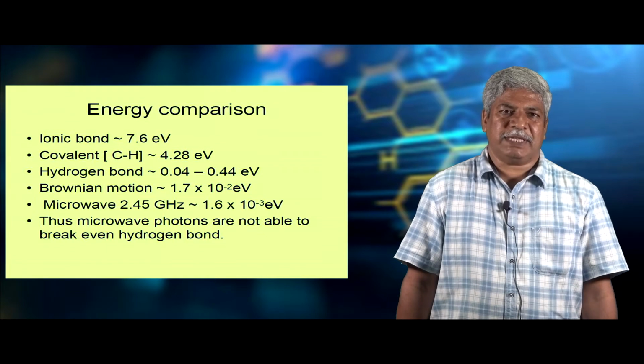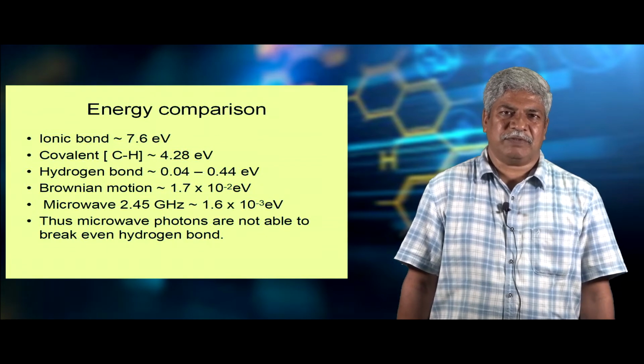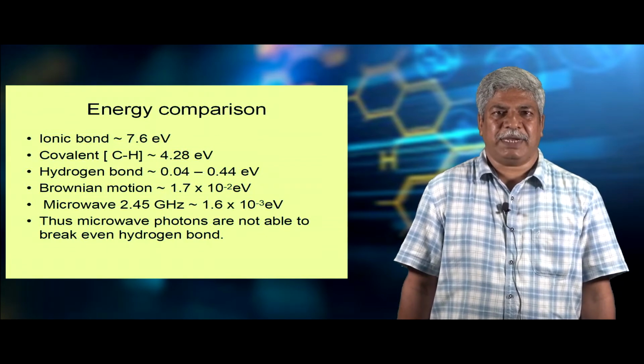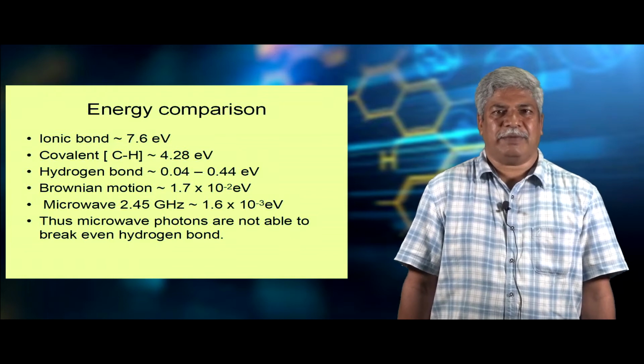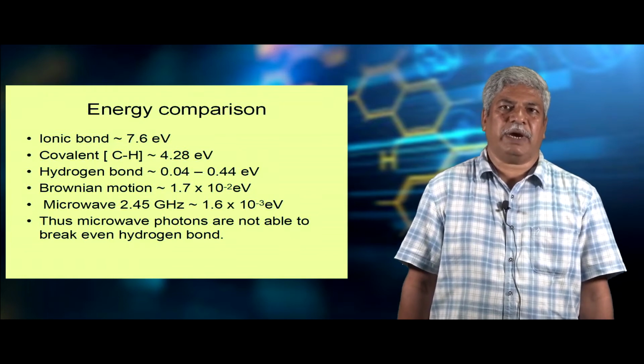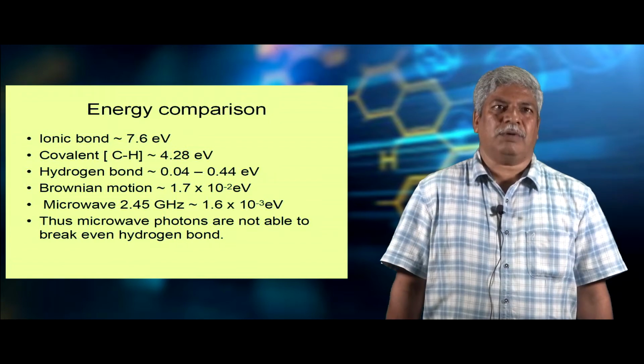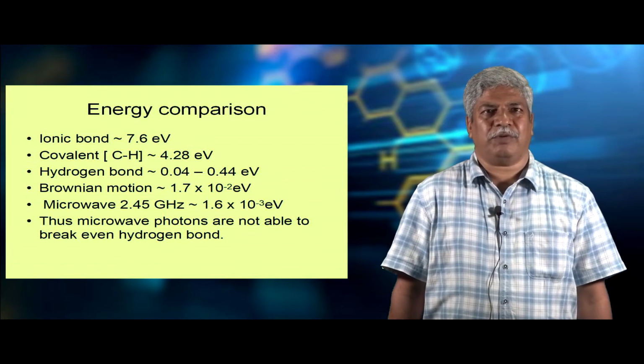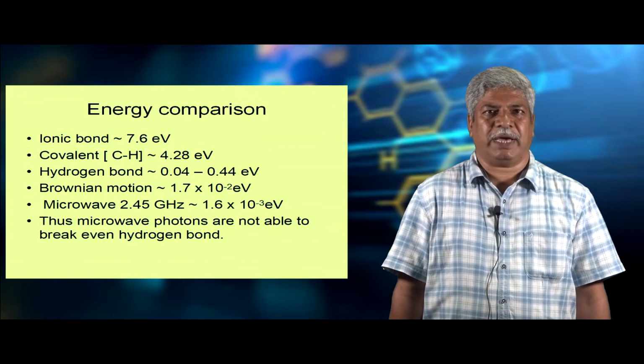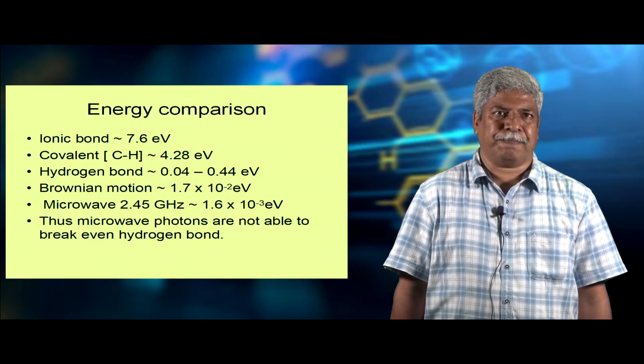So microwaves are electromagnetic radiations which range from 1 centimeter to 1 meter wavelength, that is 30 gigahertz to 0.3 gigahertz radiation.